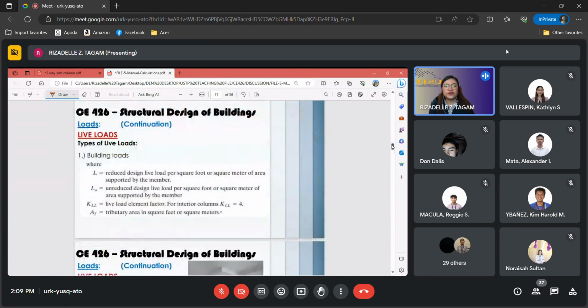Okay? So, L is for the reduced, muna na siyang bagong value. And ang unit ana is pounds per feet squared or kilonewton per meter squared pa. So, L sub O is the unreduced design live load, meaning standard unit load nato, which is the loading na nasa atong NSCP.